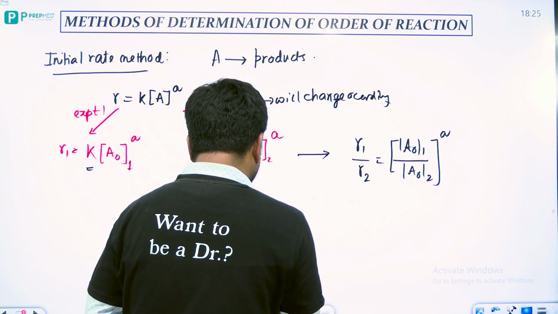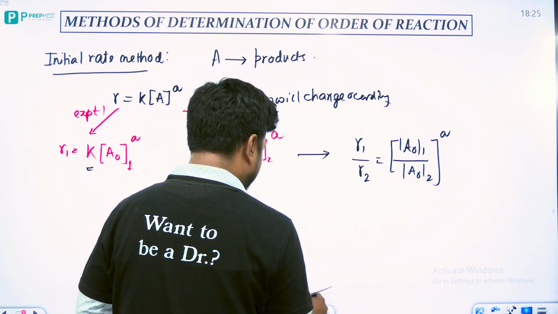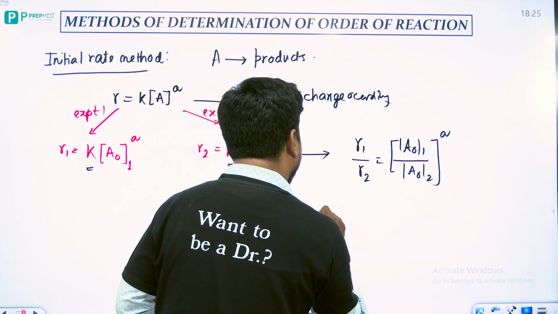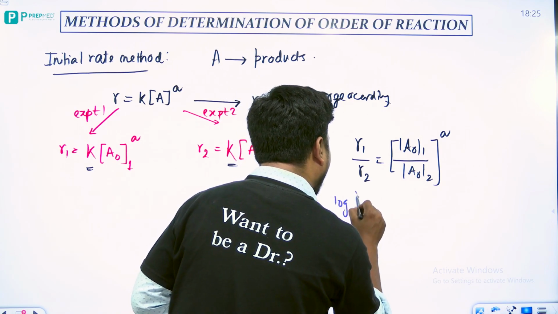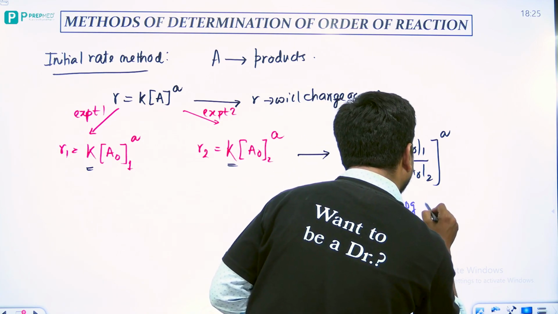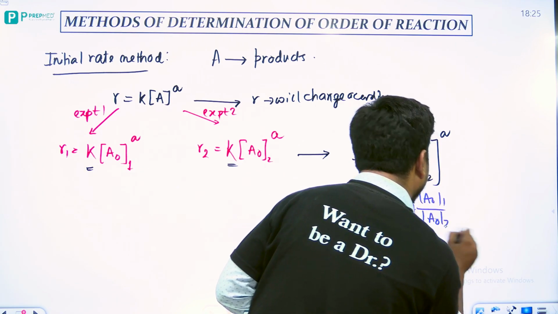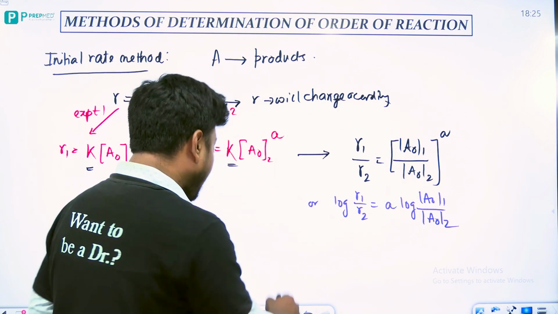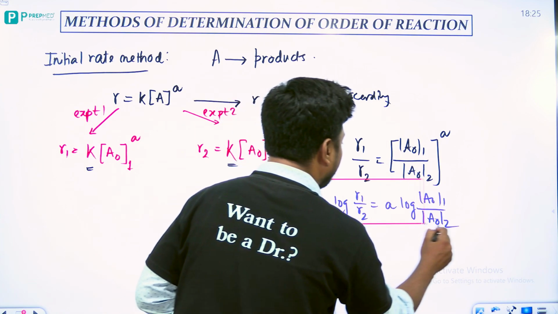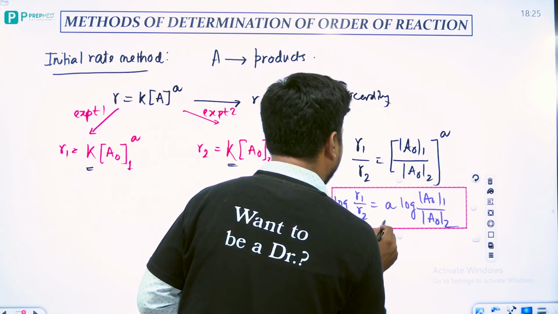Now if I take the log of both sides, we get log of R1 by R2 is equal to a times log of A0 experiment 1 divided by A0 experiment 2. From here, using this equation, we can easily determine the value of a. Easy, very simple. Okay, let's come to the next method.